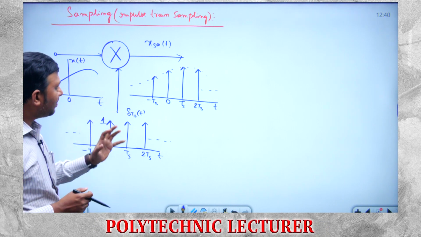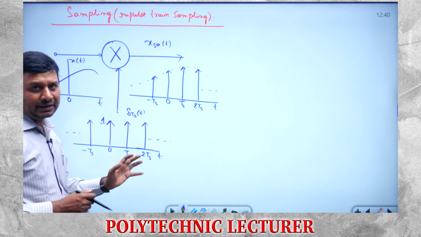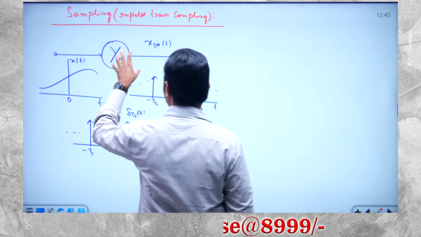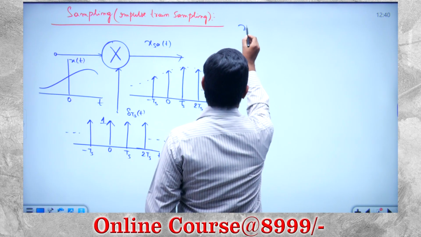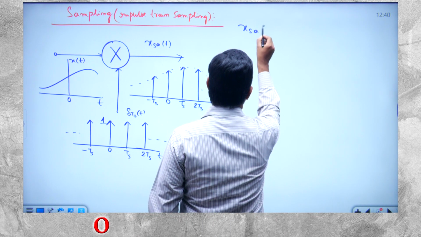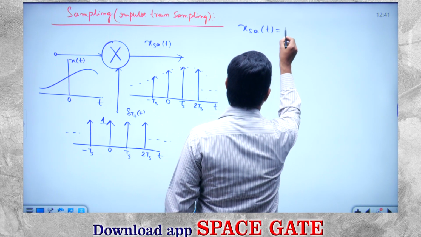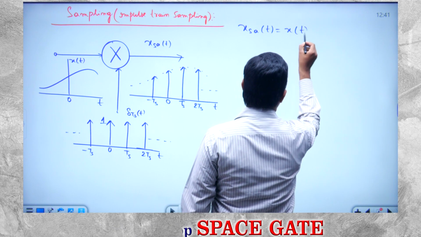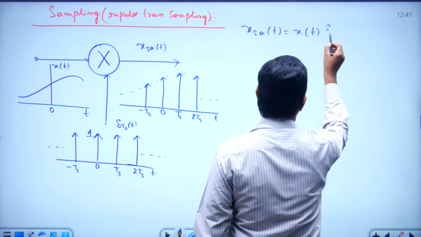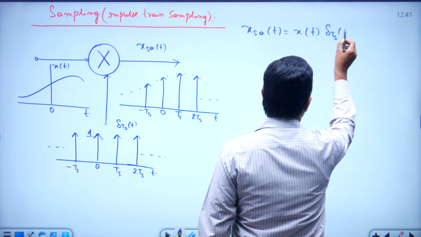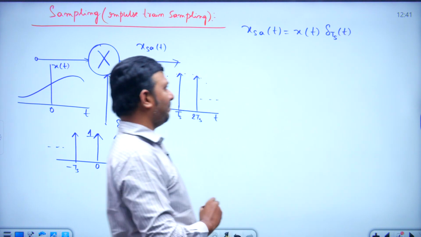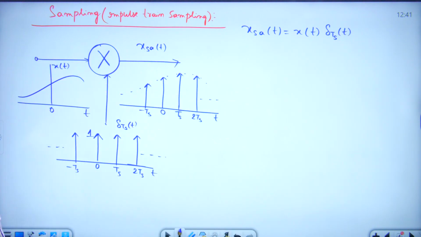Now if you want to observe mathematically, can I write x sampled of t as x of t multiplied with the impulse train del Ts of t? Del Ts of t is the impulse train. Can I write like this? Yes, I can write.